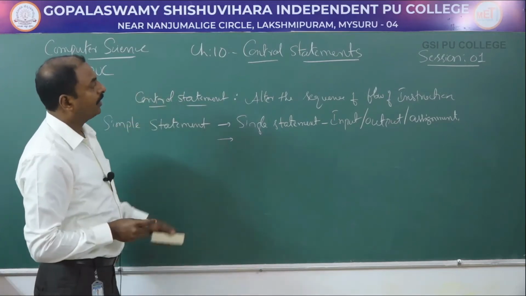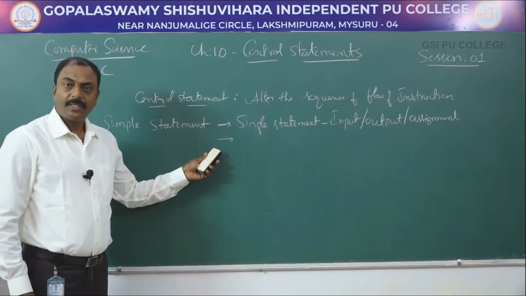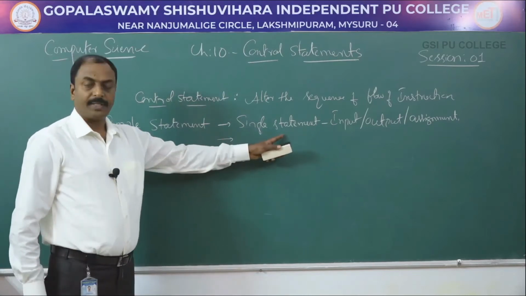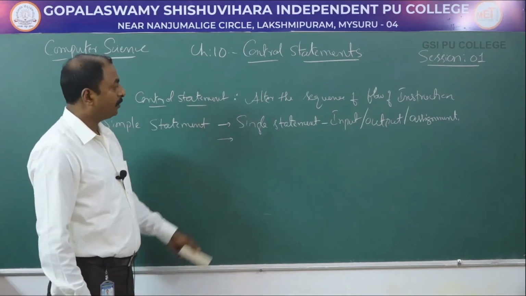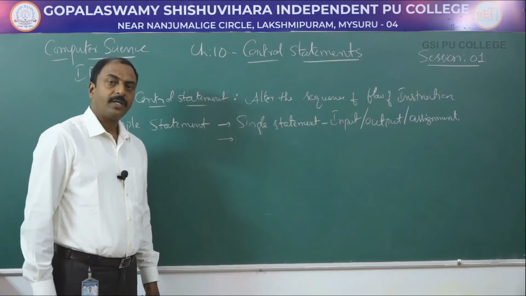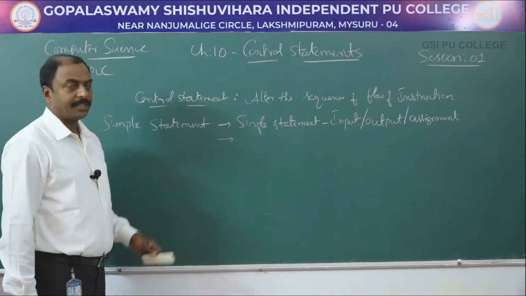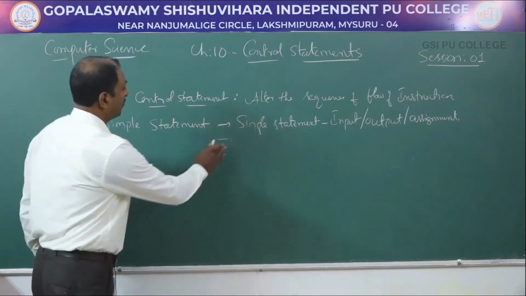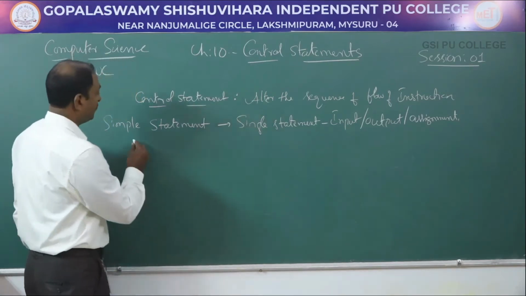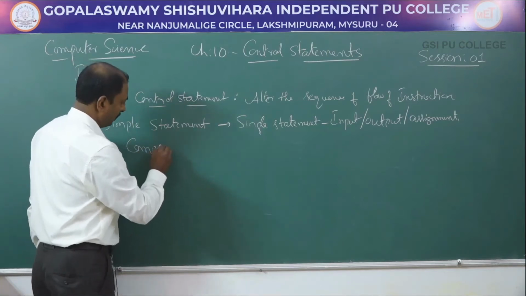And here, what is a simple statement? It is a single statement. A single statement can be an input statement, output statement, or assignment statement. All these are termed as simple statements. And another type of statement is a compound statement.